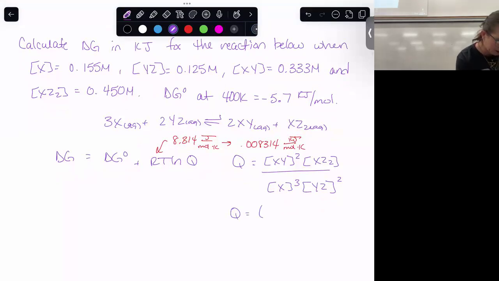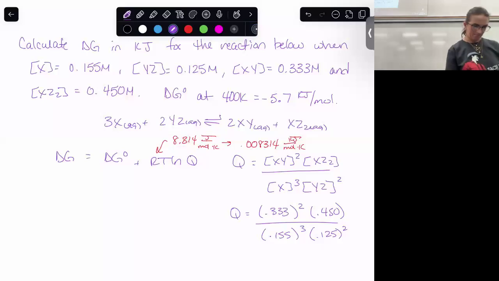So XY squared is 0.3 times... I got Q as 857.6.